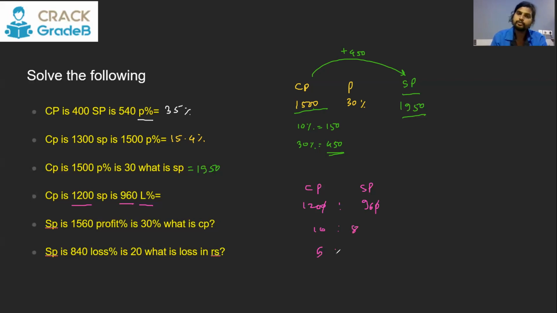And then again, you can take the ratio as 5:4. So it's as if 5 rupee worth of stuff you are selling for 4, because CP here is 5, SP is 4. So 5 rupee worth of stuff, if you are selling for 4, there is a loss of 1 on 5. And 1 by 5, the fraction value of which is 20%. So the answer here is going to be 20%.